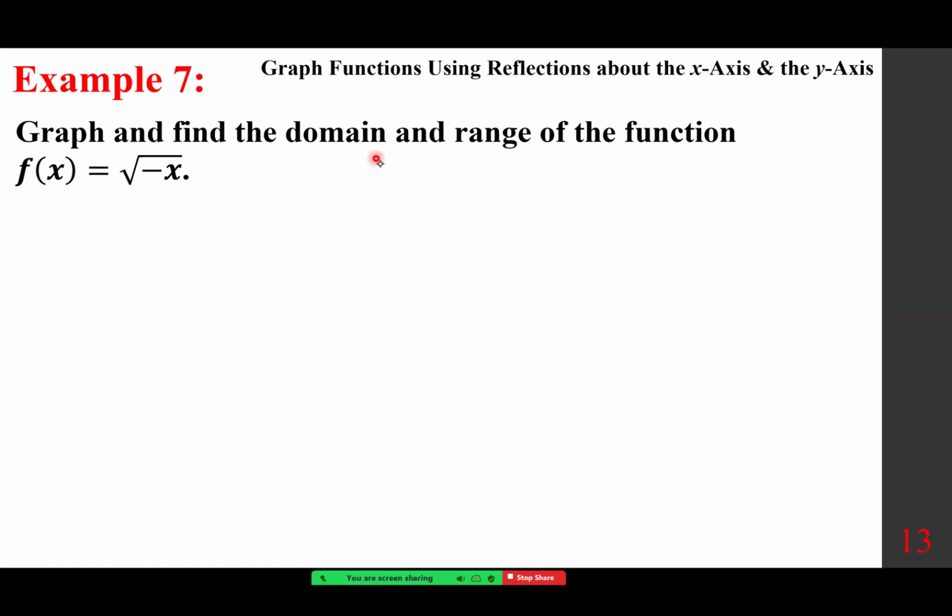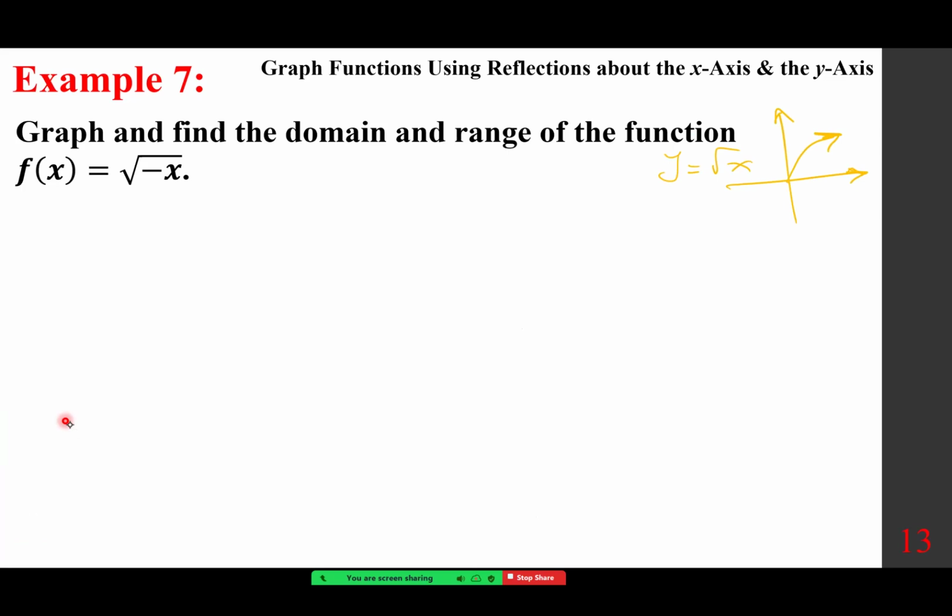Graph and find the domain and range of the function f of x equals square root of minus x. And again, just quickly, I want to remind you, it's one of those essential functions that look like this, everybody. We should know the graph. Okay, looks like this.